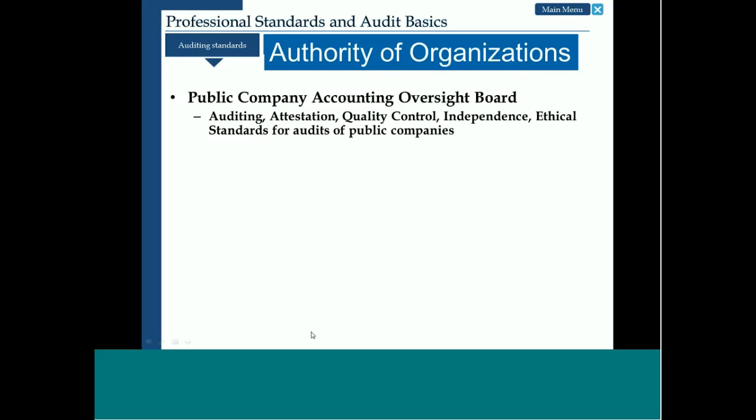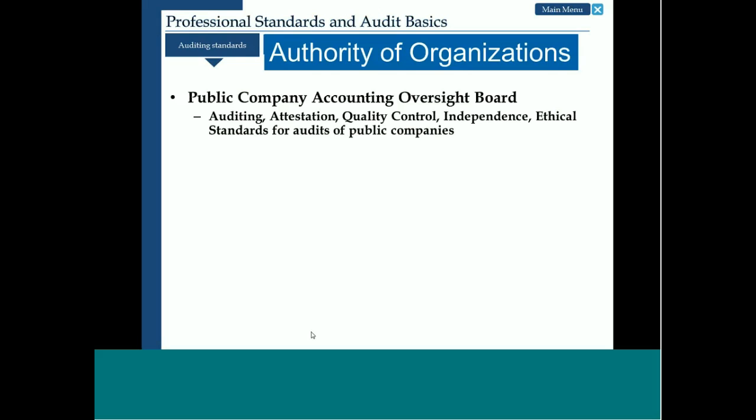The PCAOB provides all technical literature with respect to public companies, not for private companies. So indirectly, any guidance issued by the PCAOB only applies to public companies. Private companies are not responsible for following the PCAOB guidance.